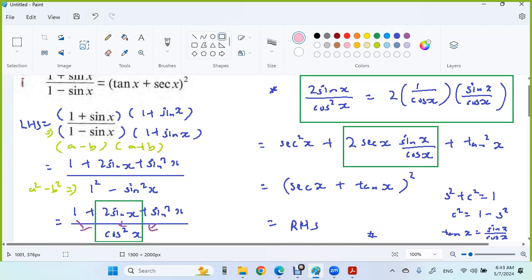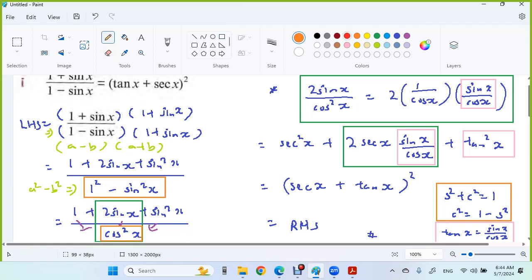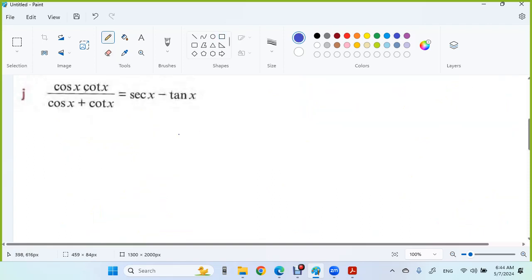So the tangent x is sine over cos. Sine square over cos square. And this cos square equal to 1 minus sine square. Okay, so this one is the left hand side.